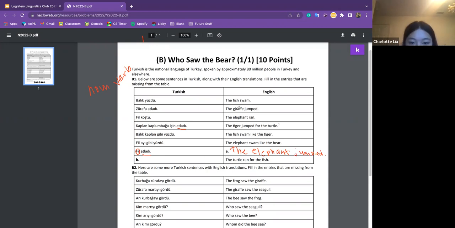Now the next one, the turtle ran for the fish. We see from here that this means turtle. Oh wait, sorry, I wrote the wrong thing. So from that we see that the direct object.